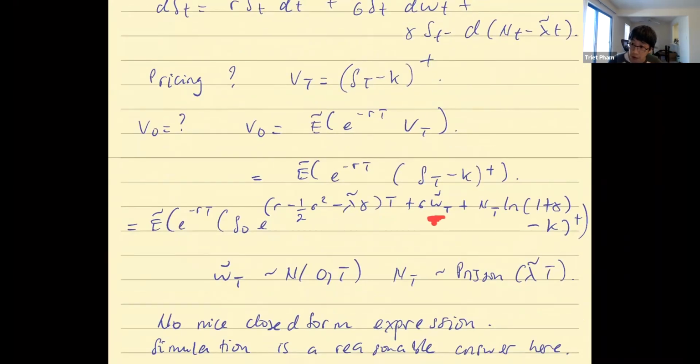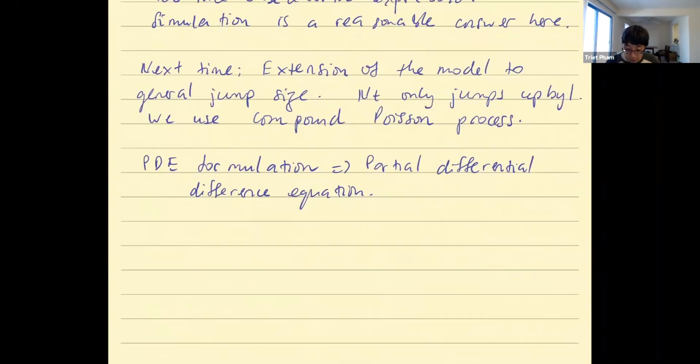You have the Brownian motion, which causes a second derivative and a partial differential part. But the Poisson process is not continuous. It causes your stock price to jump, so it also causes your option price to jump. So your option price will behave with a jump component. And when you translate that to the differential equation language, it's not a differential, but a difference equation. So we'll mention that.